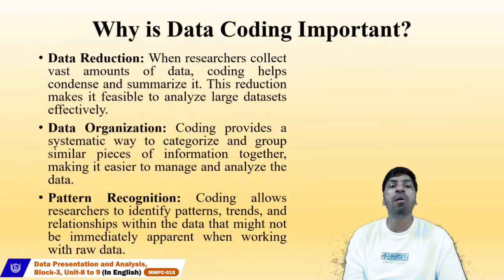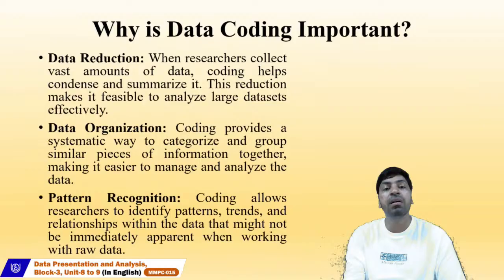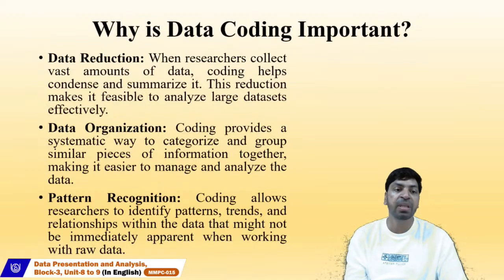Next is data organization. Coding provides a systematic manner to categorize or group similar pieces of information together, so it is easier for the researcher to manage and analyze the data in his or her research study. Next is pattern recognition.